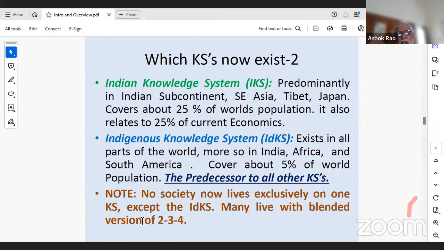Little bit of Western, little bit of Indian, little bit of Arabic knowledge system. Some 4. For example, the tribals here in southern part of Karnataka, they have even the indigenous knowledge system still a part of it. For example, majority of them don't use metal vessels. They still cook in mud pots, which is what they were doing about 5 to 10,000 years back.